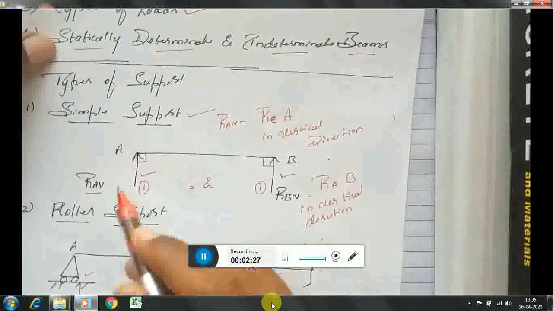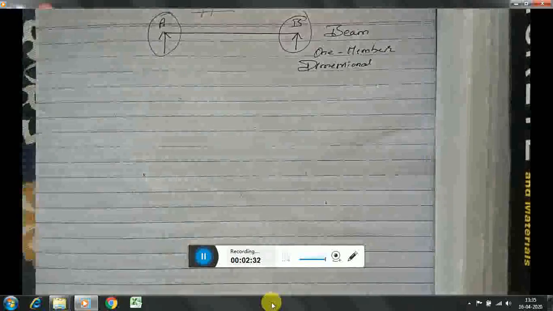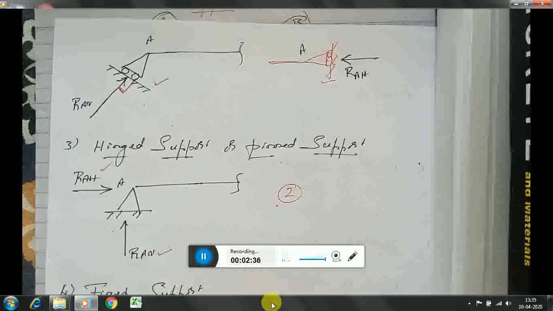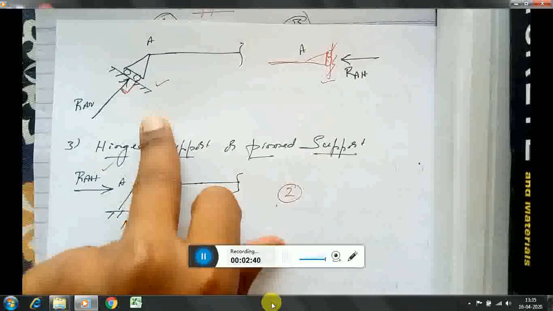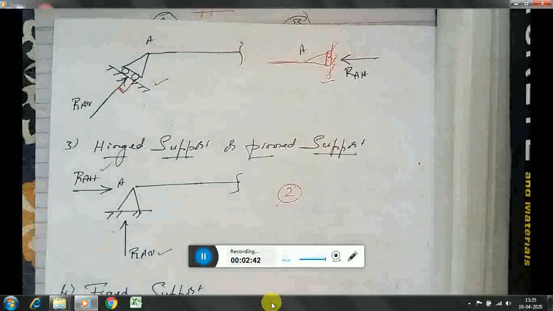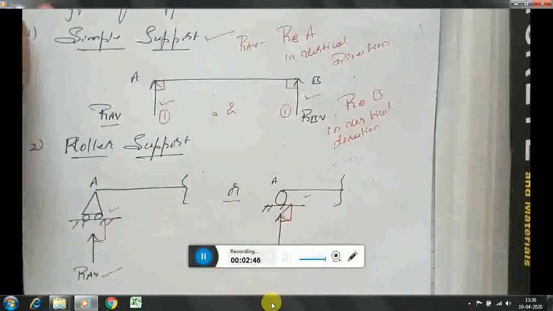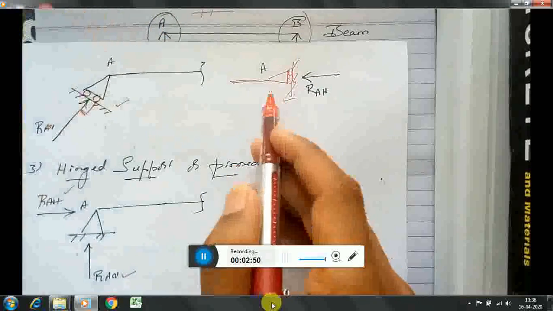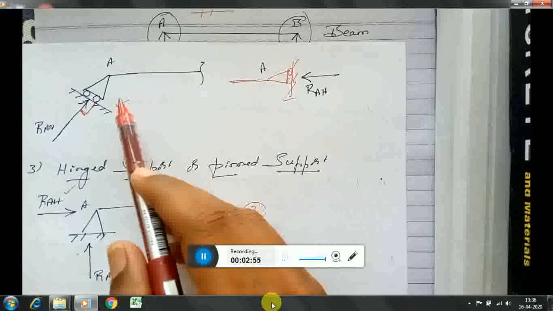The roller support can be kept in the vertical direction as shown here, or in the horizontal direction as shown here, or in an inclined direction. It produces only one reaction at a particular point.